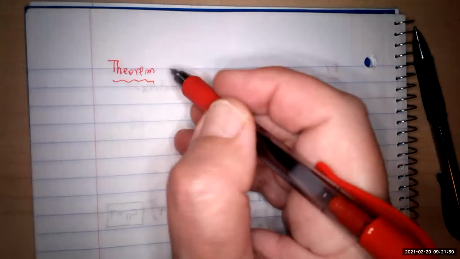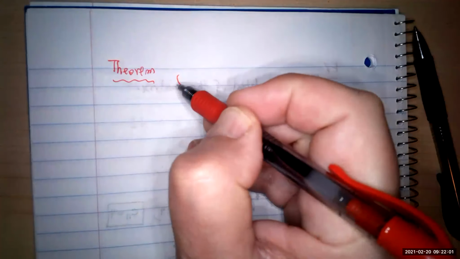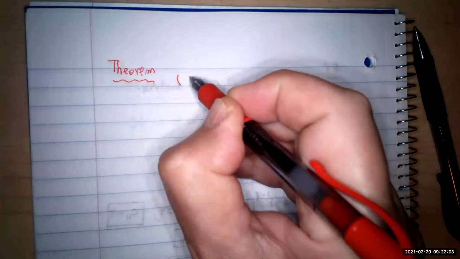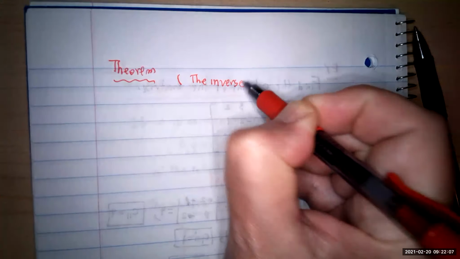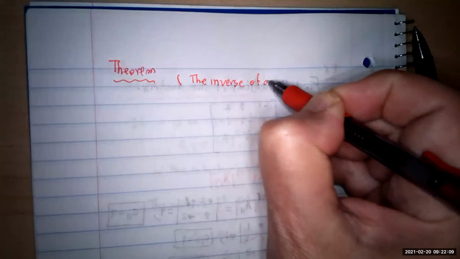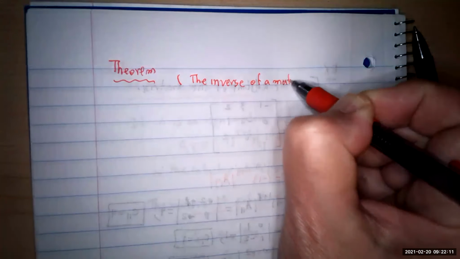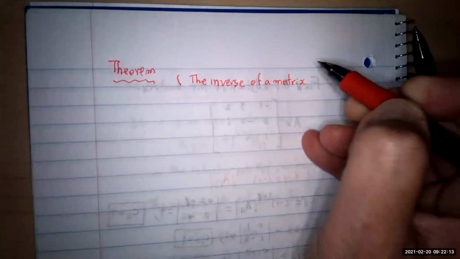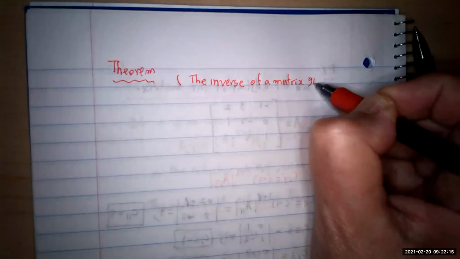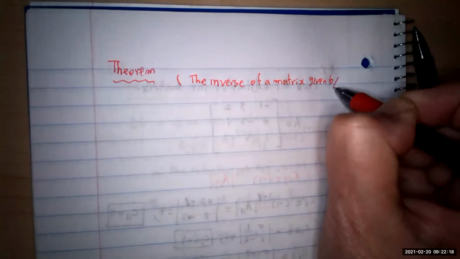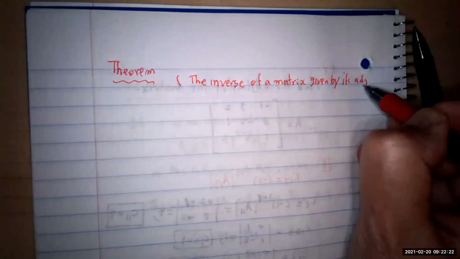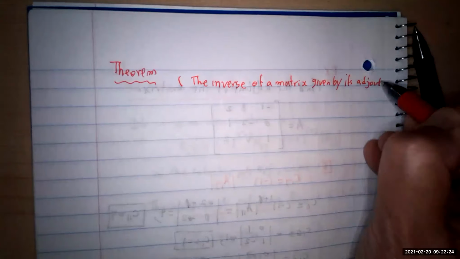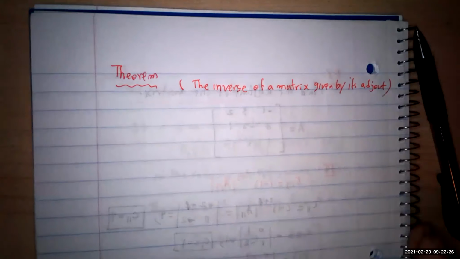So I remind you that this theorem would give you the inverse of a matrix, not by the inversion method, but by its adjoint. We call it the adjoint method.